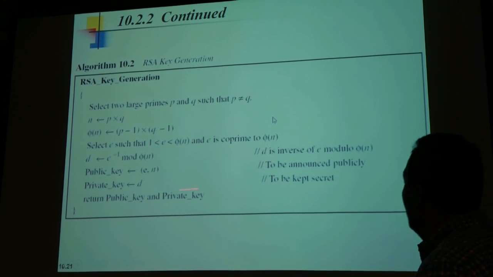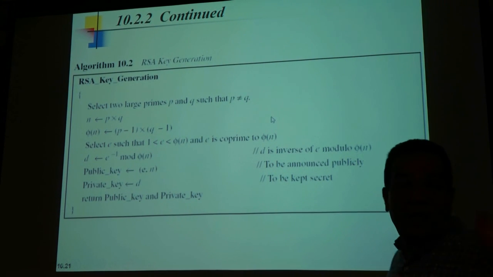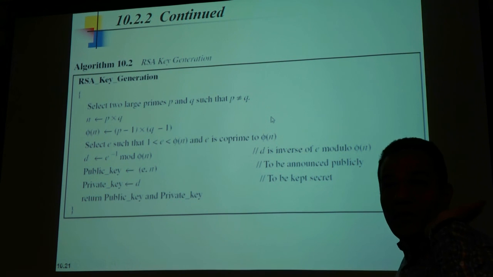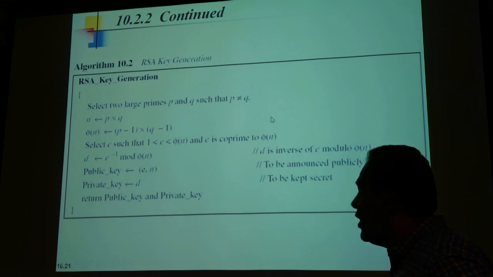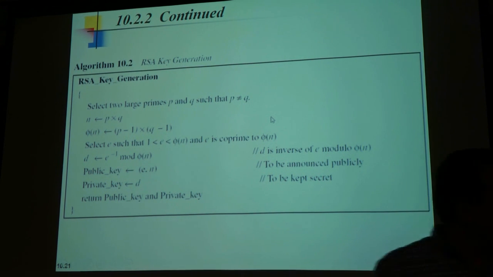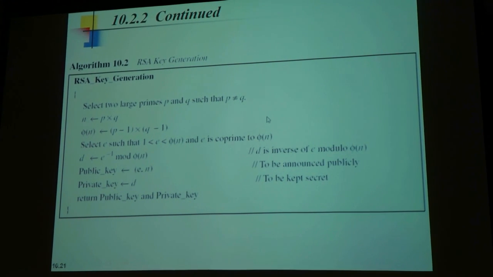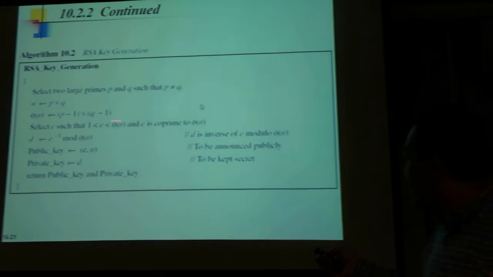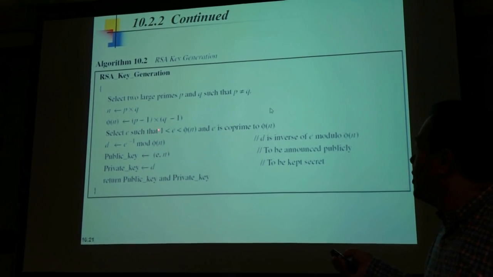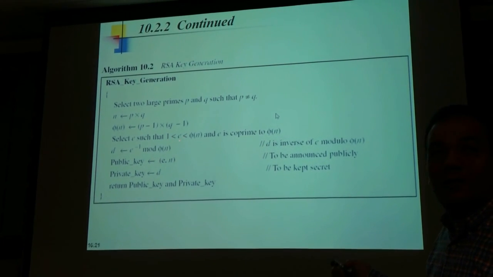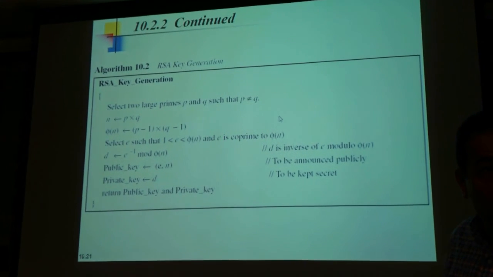Alright? So now you select E, any number in the range. It has to be from 1 to phi n. So in our example, did we calculate phi n in here? Whatever, it was 12, right? If phi n is 12, the number you're going to choose is between 2 and 11.